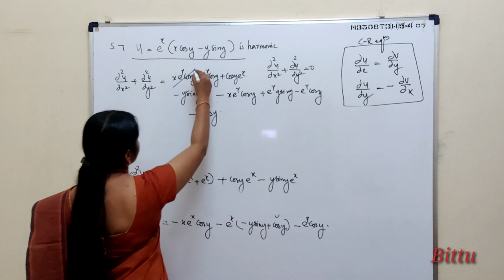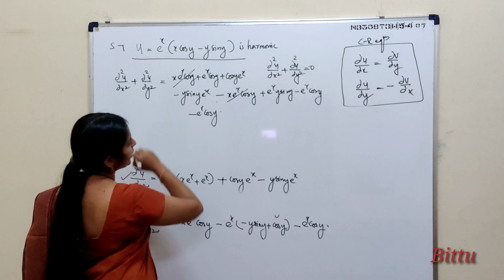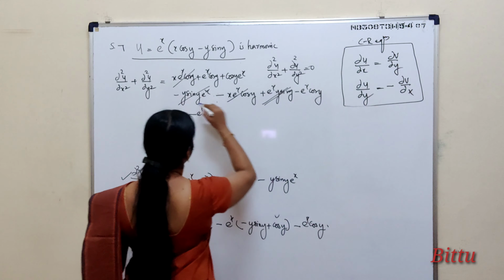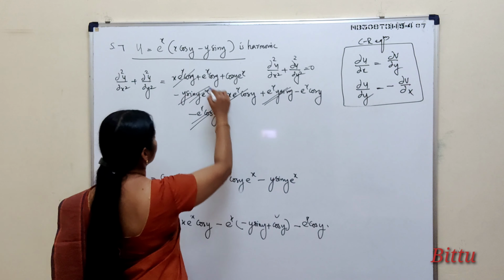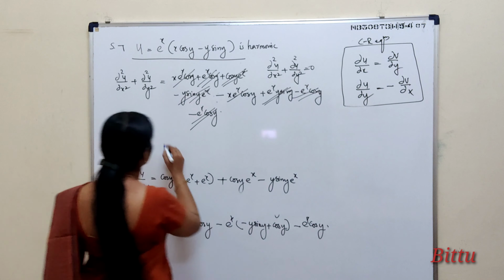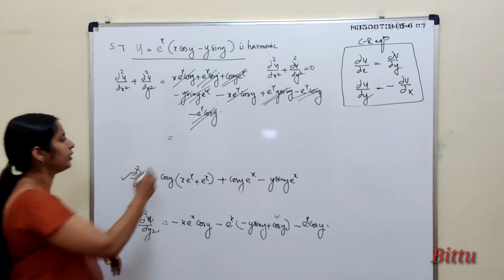See, x e^x cos y cancels with this one. Minus y sin y e^x cancels with this one. e^x cos y. And also again we can see all the terms cancel each other and it is 0.